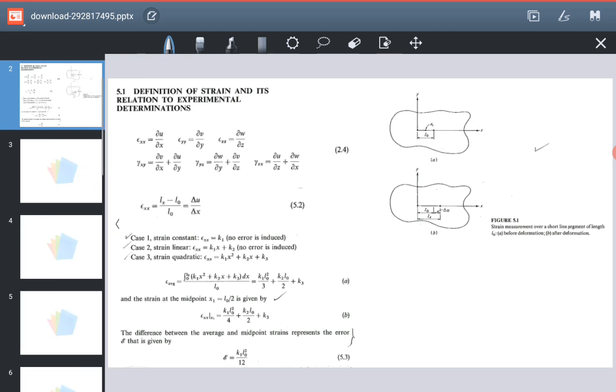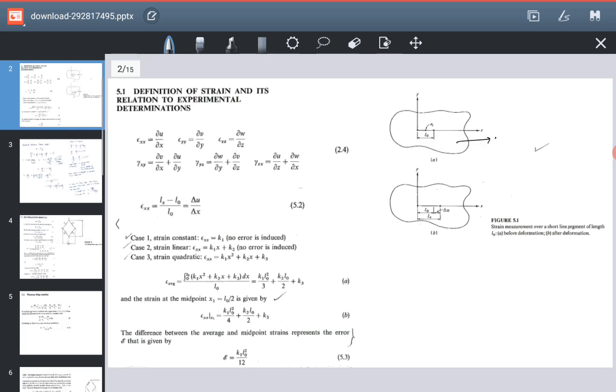Now, if a force is applied here, obviously it is going to undergo a certain amount of strain. Let us assume that it stretches to Lx, where Lx is the new length and L naught is the original length. So delta U will be Lx minus L naught.